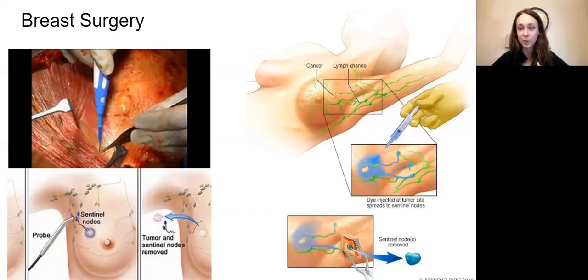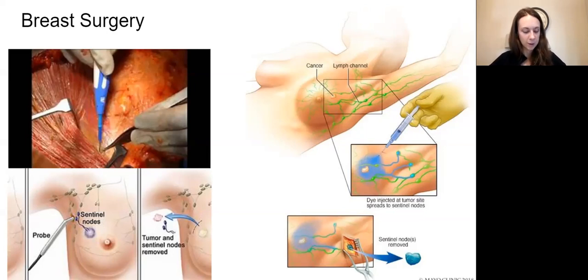Hopefully you know already that we use saline irrigation, especially in open belly cases, because that could cause damage to the patient if we put water inside of their belly. So you need to know that saline is always used for irrigation, but there are situations where we're going to need sterile water instead. This is a good example, cancer cases. So that will prevent the spread of cancer cells.